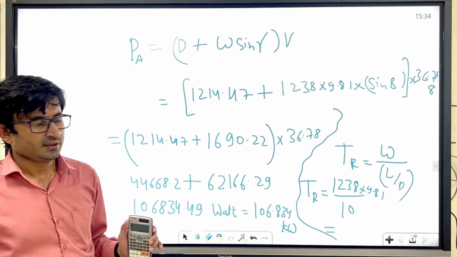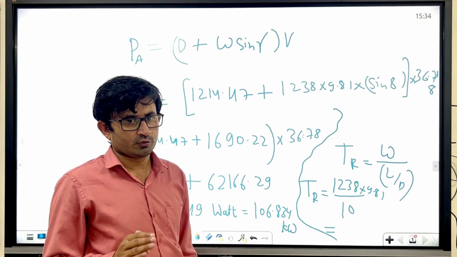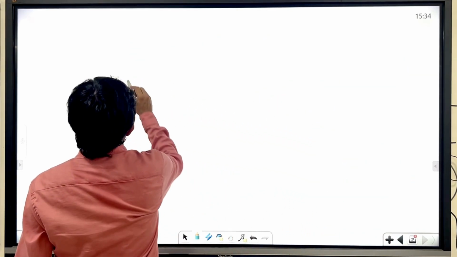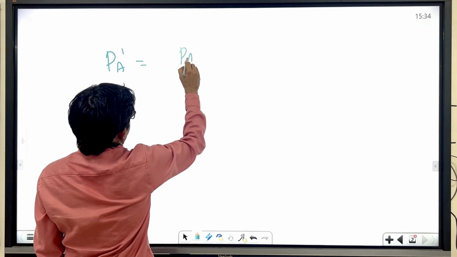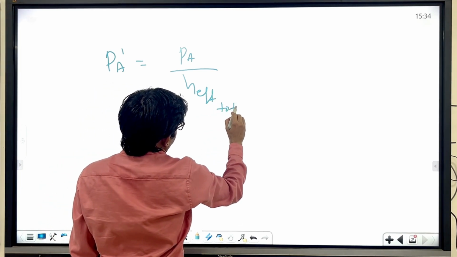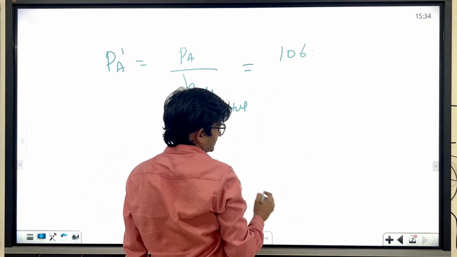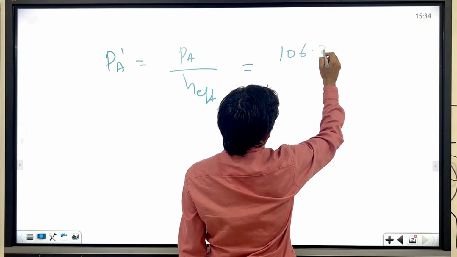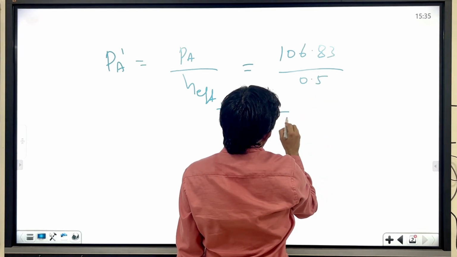If you assume that total efficiency is around 0.5 to be more conservative, then you take the power available and divide by this total efficiency. So 106.83, right? Yes. 0.5. You just double the value. How much are you getting?